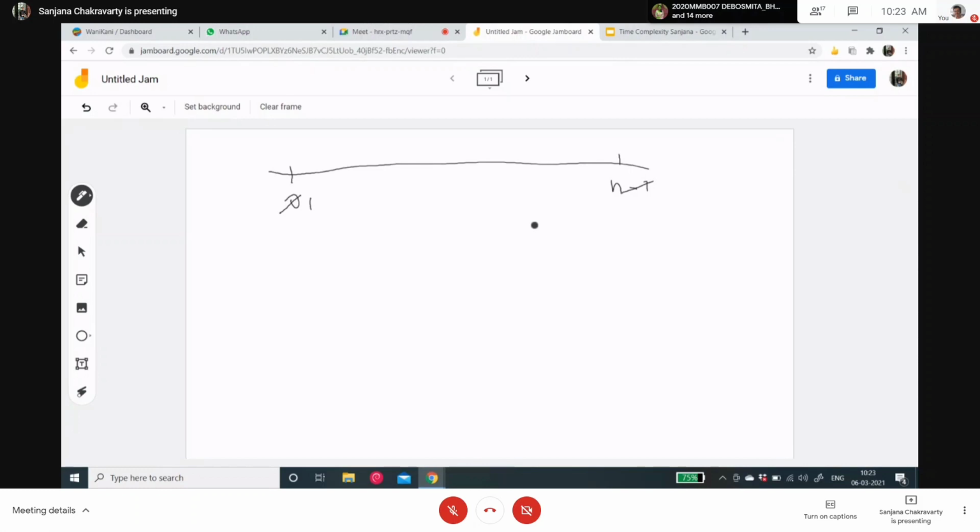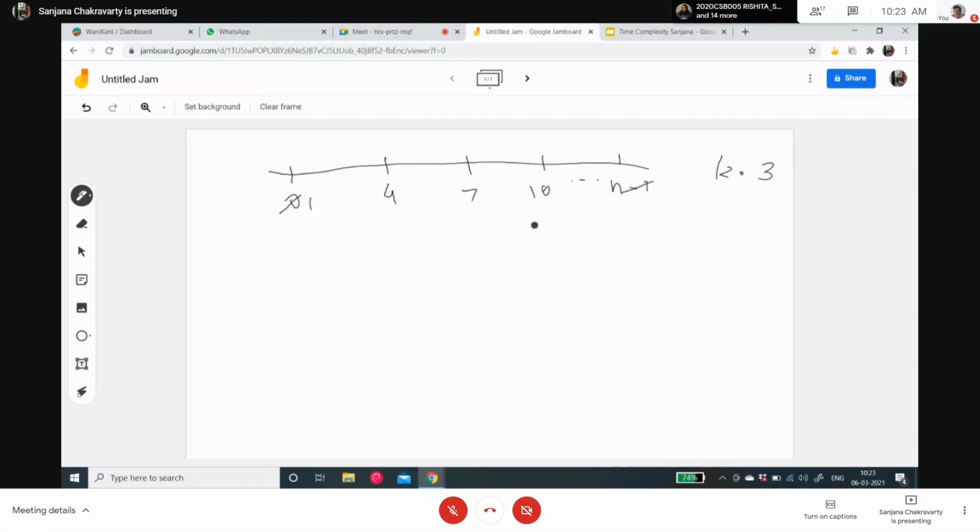So suppose k is equal to 3. The first step would be from 1 till 4. The next step will be from 4 till 7. After that, 7 till 10. And this goes on until it reaches n.